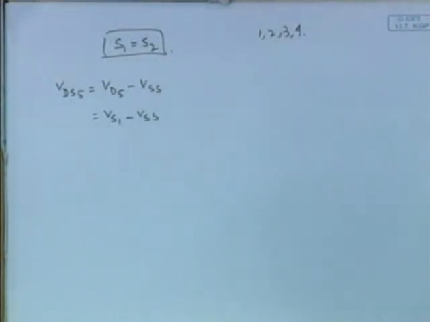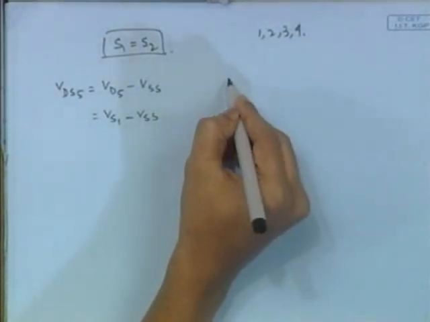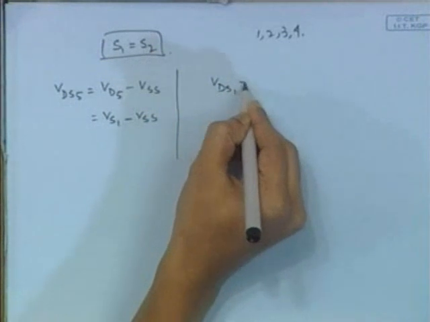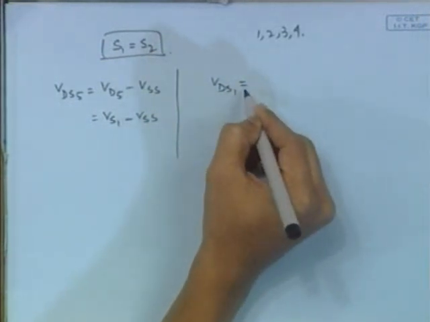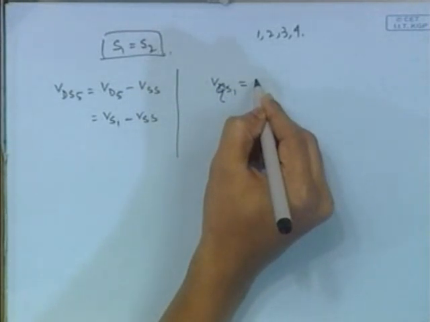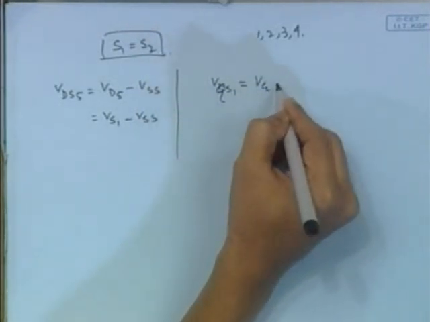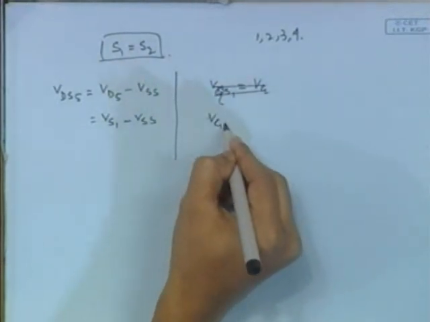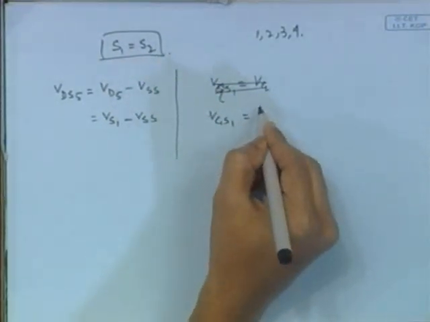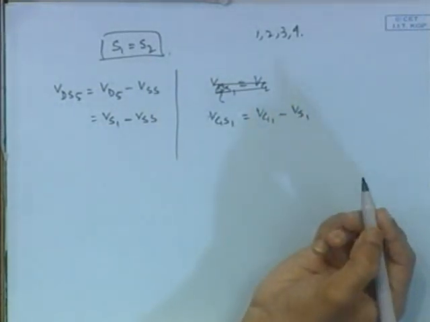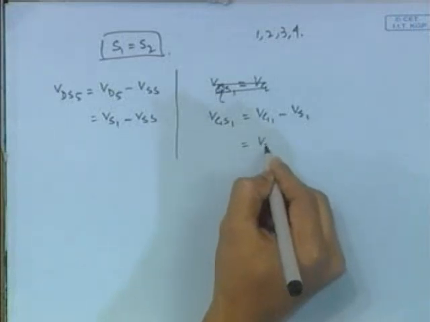Say VGS1. VGS1 is basically Vin minus VS1, because VGS1 means VG1 minus VS1.